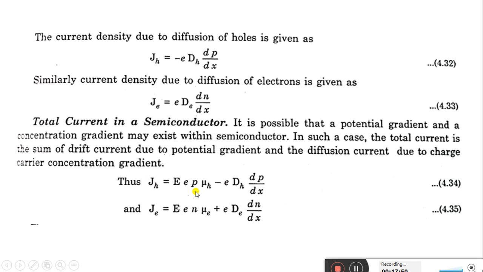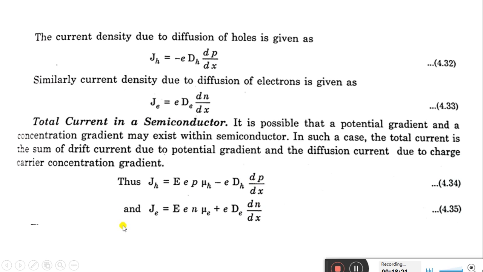So for drift we will take the drift current as E p mu H, that is, in terms of the mobility, the density of holes and the applied electric field. So the total current density of holes JH is E p mu H minus this term.